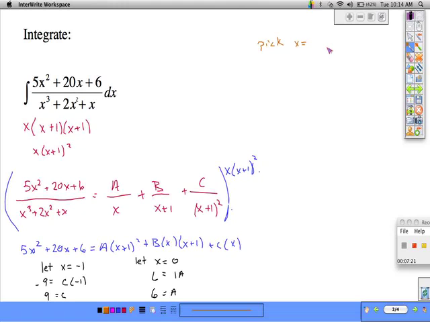I'm going to pick a small, easy one for me to plug in, say x equals 1. And when I plug it into the blue equation down here, I end up with 31 equals 24 plus 2b plus 9. So 2b has to equal negative 4. b is negative 2.